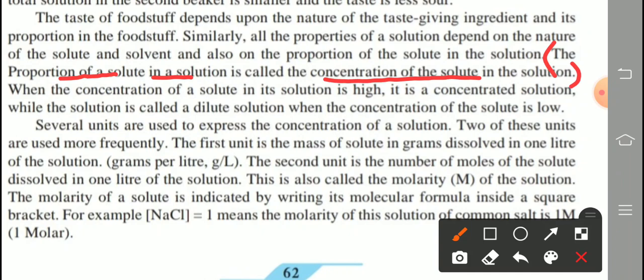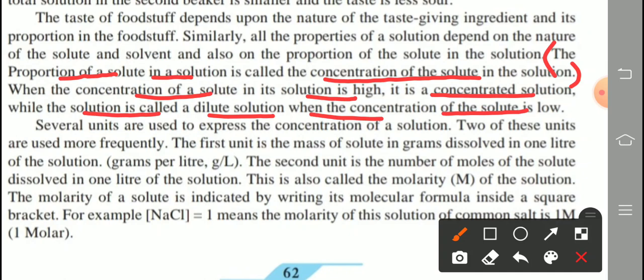The answer to this question is this; make a bracket in your textbook. Now, when the concentration of the solute in its solution is high, it is a concentrated solution, while a solution is called a dilute solution when the concentration of the solute is low. The less the solute in a solution, the more dilute it is.